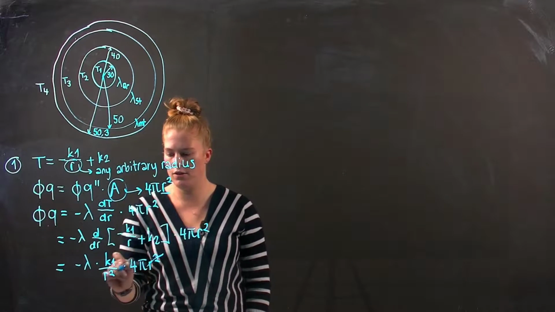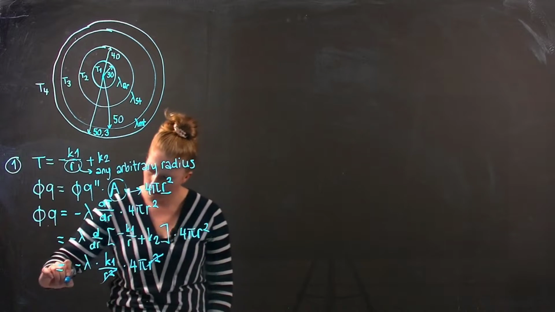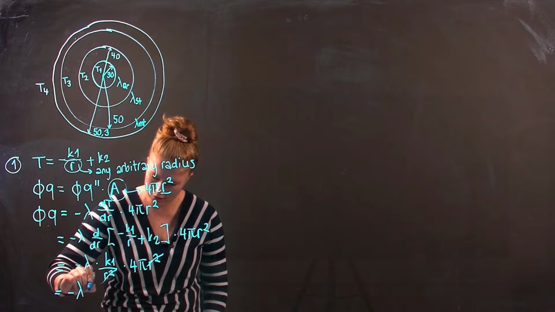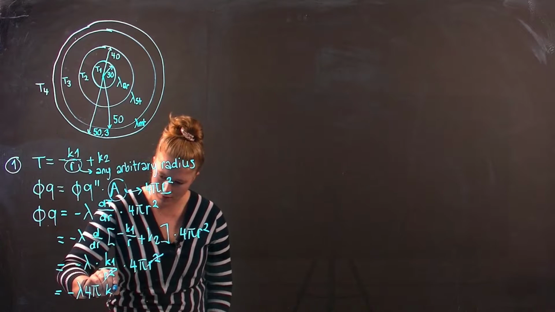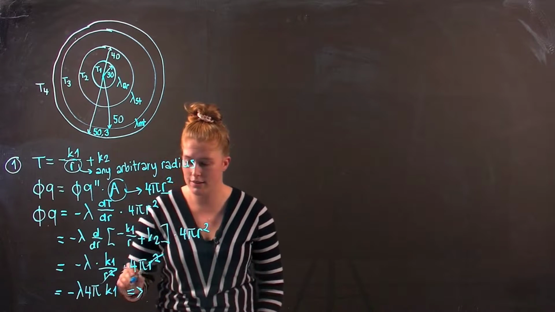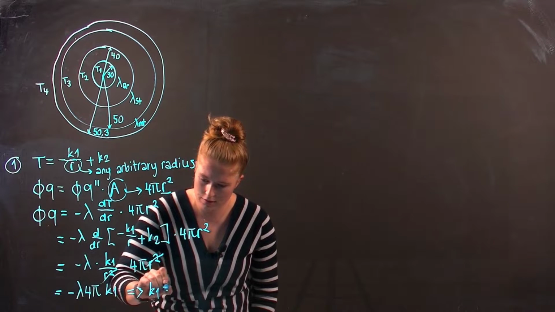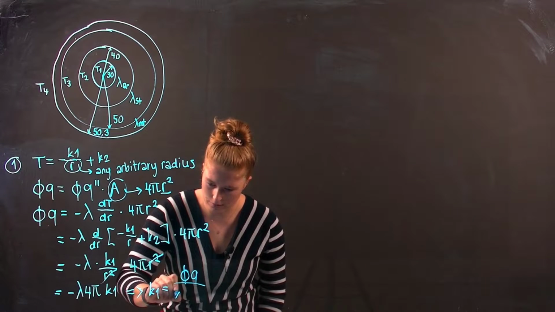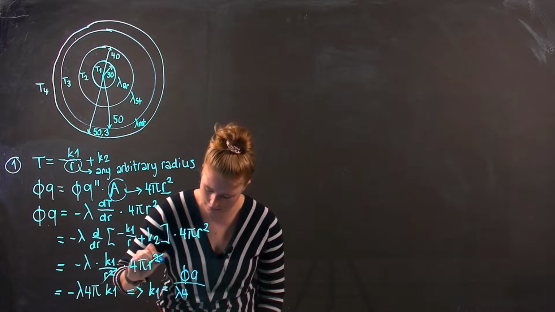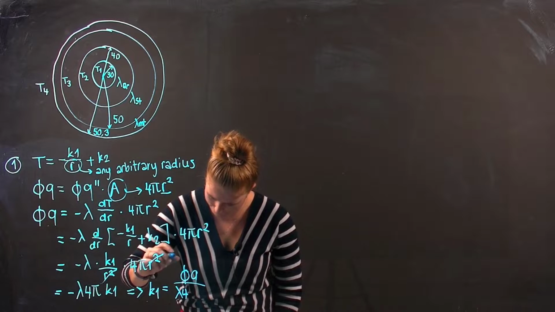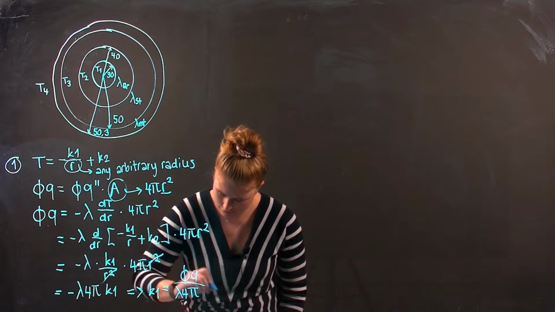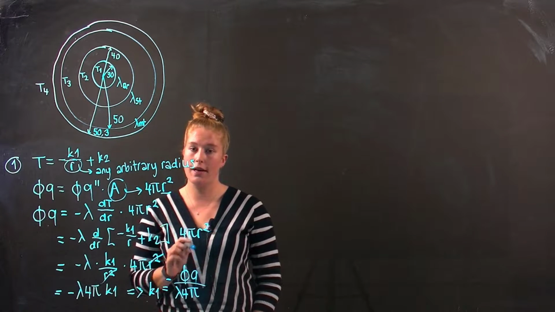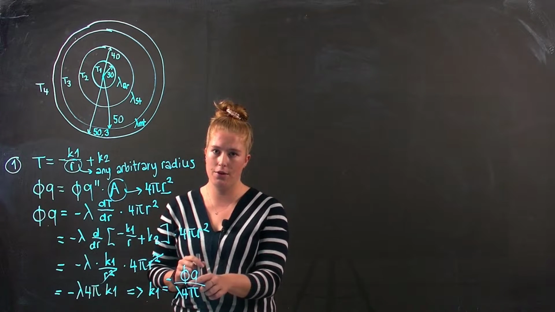And now we can see that this R squared cancels out, and we get that the heat flow is equal to minus the heat conductivity times 4 pi K1. And if we rewrite this again, we find that K1 is equal to the heat flow divided by the heat conductivity times minus 4 pi, with a minus sign actually here. Okay, so now we have found an expression for K1.